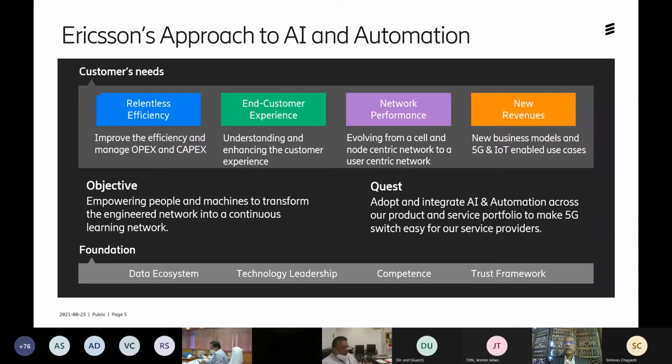Then we also are talking about the trust framework. We heard again in our opening technical segment about the importance of trustworthiness, and that is super important in our industry.